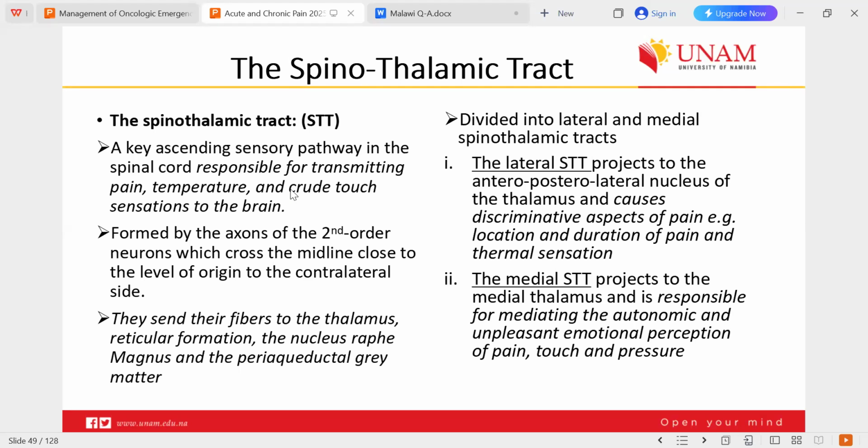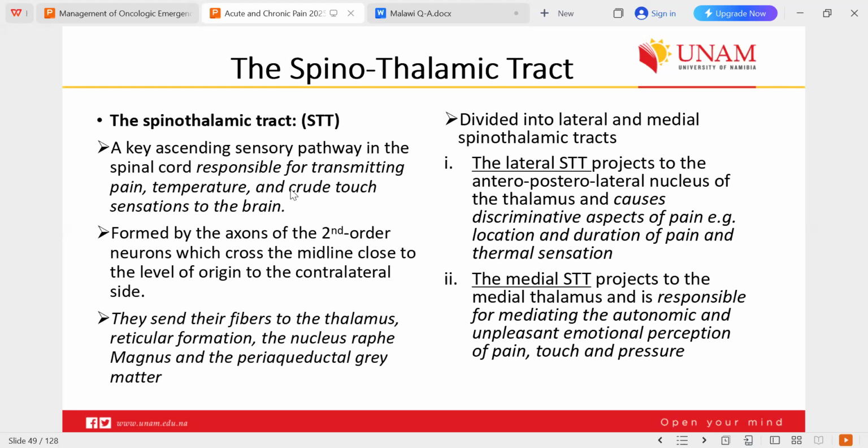So you have pain, okay, temperature, and crude touch, okay? It is formed by the axons of the second order neurons, if you remember, which cross the midline close to the origin of the neurons to the contralateral side.